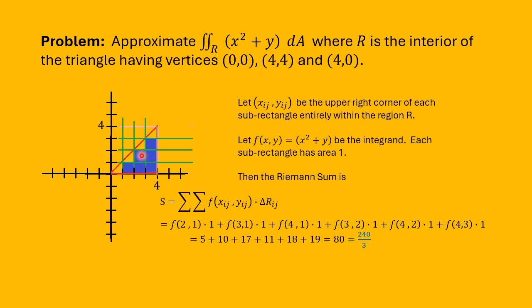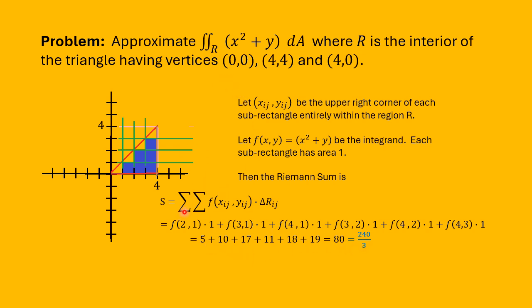And then going up to here, we use this point, which is 3, 2, and then this point here is going to be 4, 2, and then for this rectangle, the upper right hand vertex is what, 4, 3. And so we plug all those in.